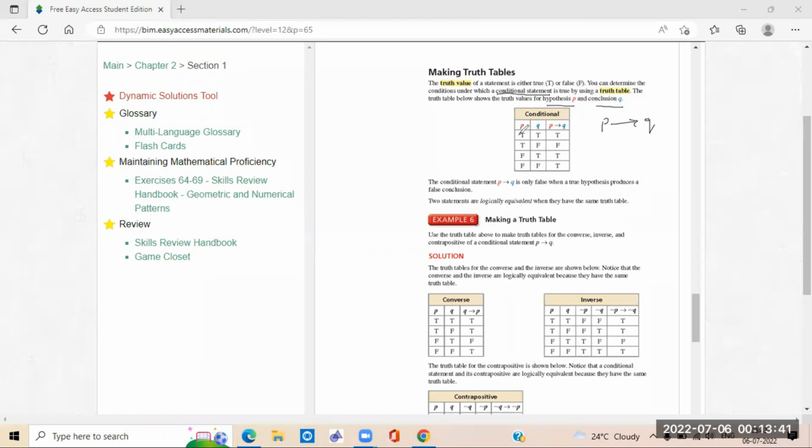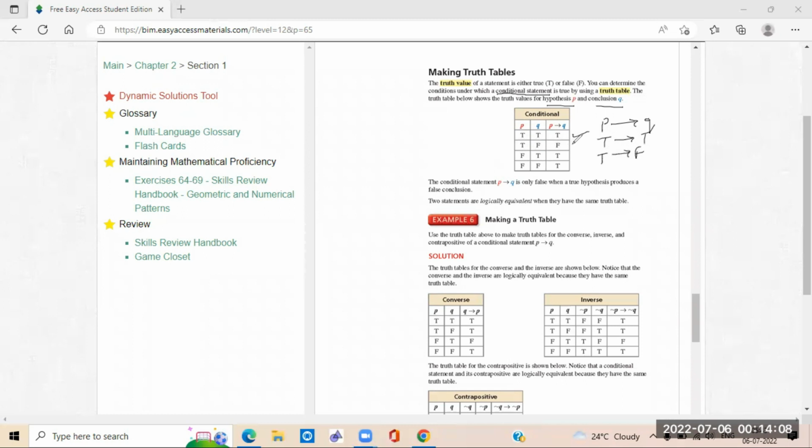And see, when true and true, true implies true. So it is true. When P is true, the hypothesis, and the conclusion Q are true, P implies Q will also be true. If P is true and Q is false, true does not imply false, so it is going to be false.